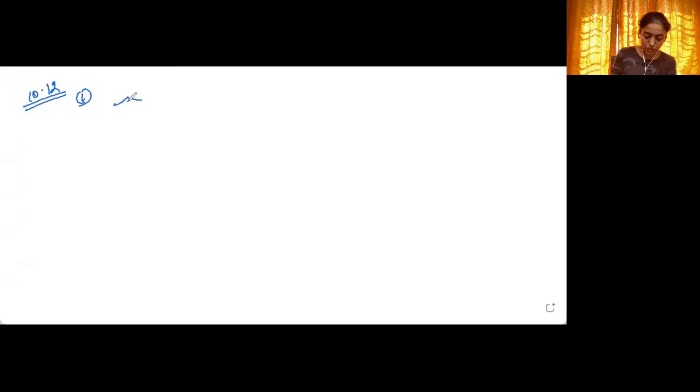So let's first draw the structure of the two molecules that have been given to us. This is chlorobenzene, which I'm taking as molecule 1, and this is cyclohexyl chloride, molecule 2. Before moving into the explanation, let's see the formula for dipole moment.